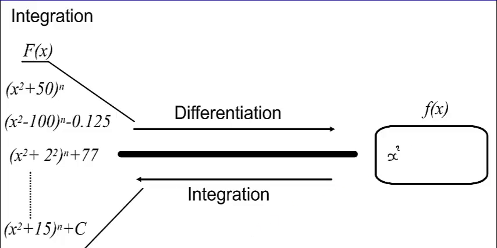Oh, you said N multiplied by. Okay, sorry. I'm sort of lost it there. Then you say N multiplied by x squared plus 50 to the power n minus 1, multiplied by 2x.